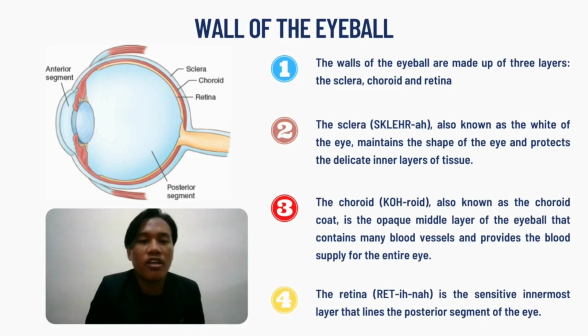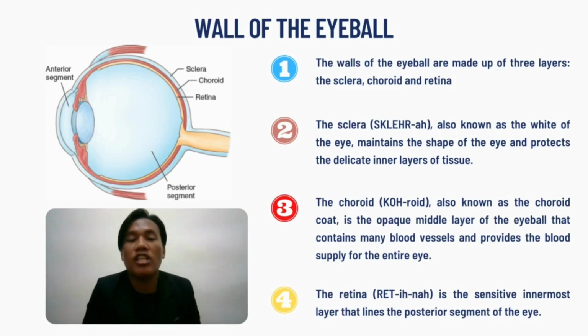The sclera, also known as the white of the eye, as you can see in the figure, maintains the shape of the eye and protects the delicate inner layers of tissue, and fibrous tissue forms the outer layer of the eye, except for the part covered by the cornea. And the combining form scler means the white of the eye, and it also means hard.